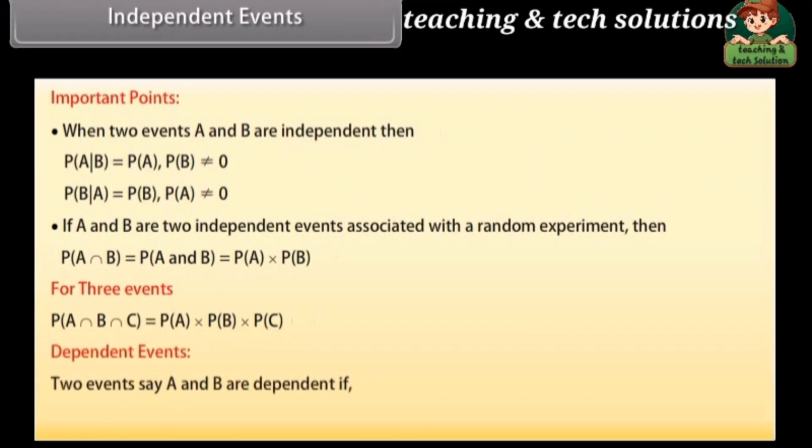Two events, say A and B, are dependent if the probability of A intersection B is not equal to the probability of A into the probability of B.